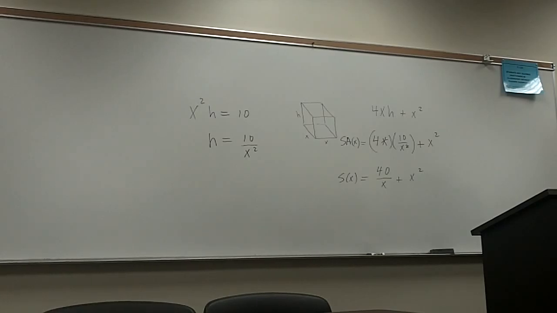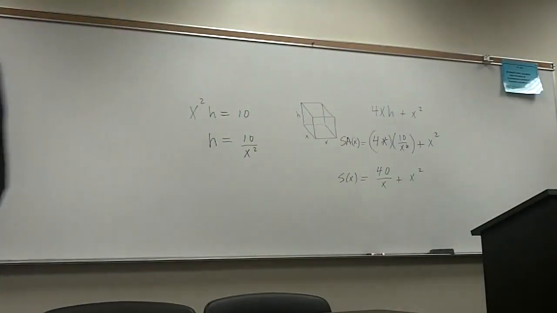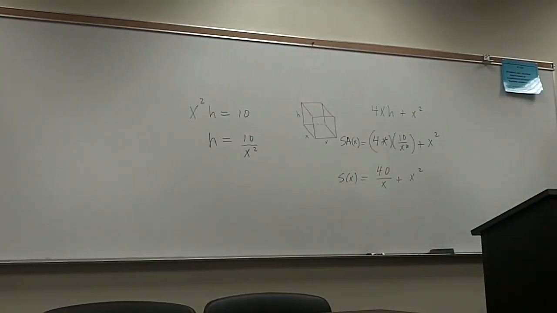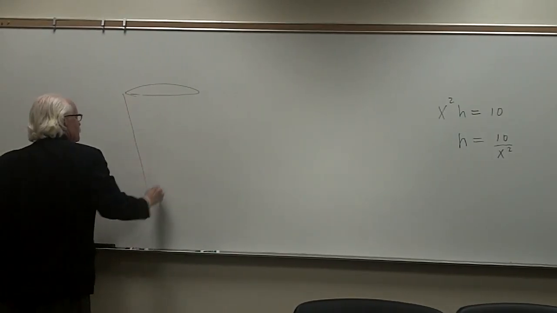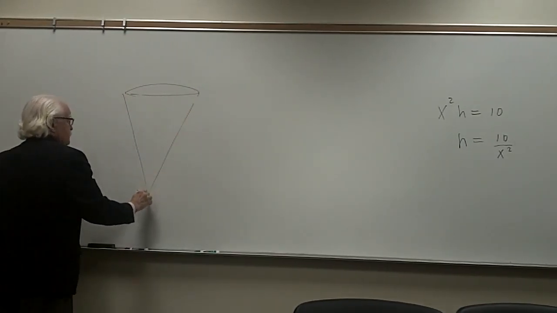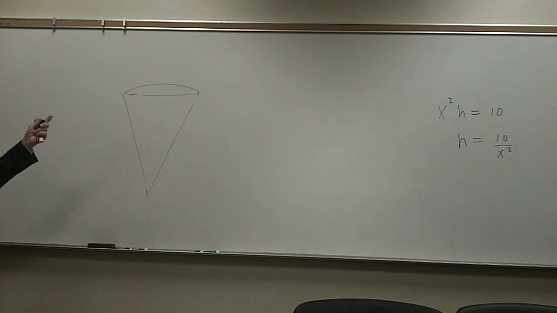Am I making sense of why you need to be able to write a function of something as a function of x or some letter? Because take a look at a problem like this. That's like a cone.